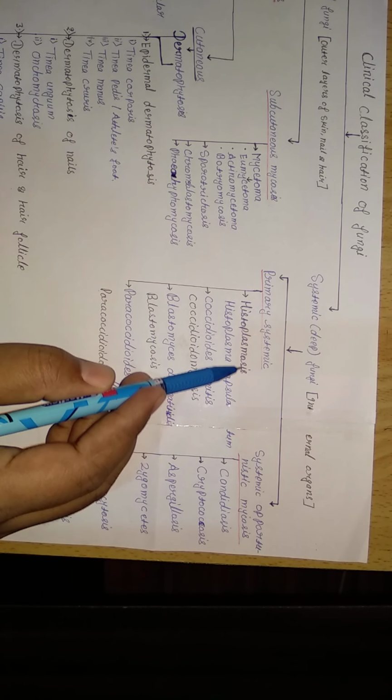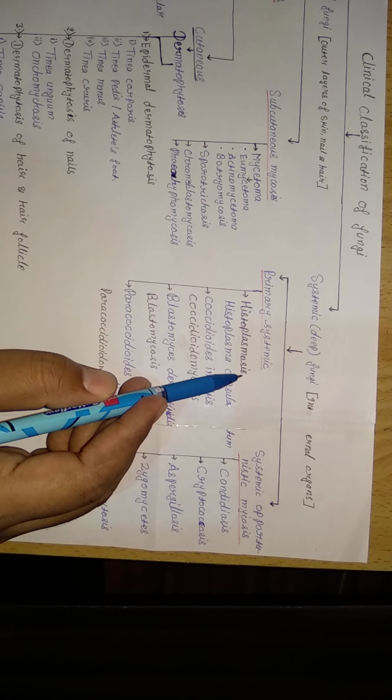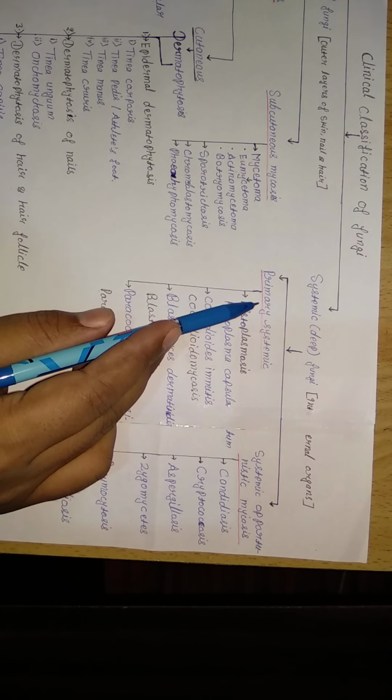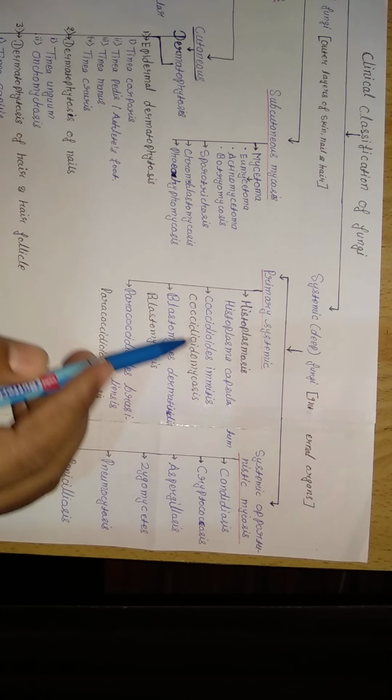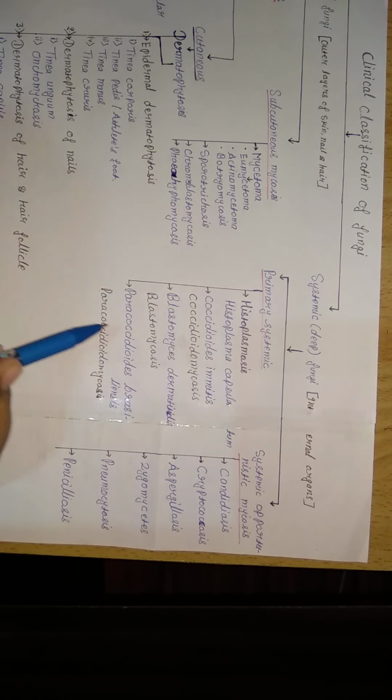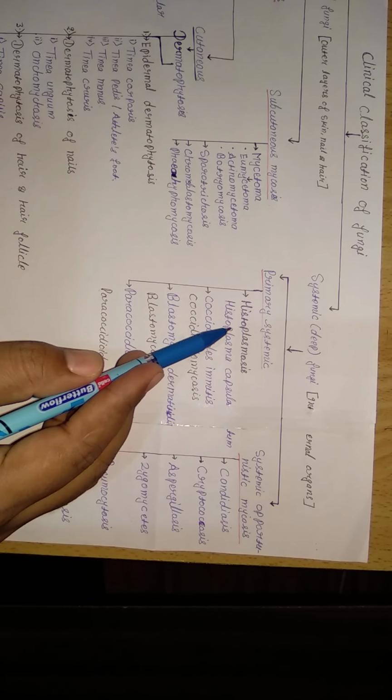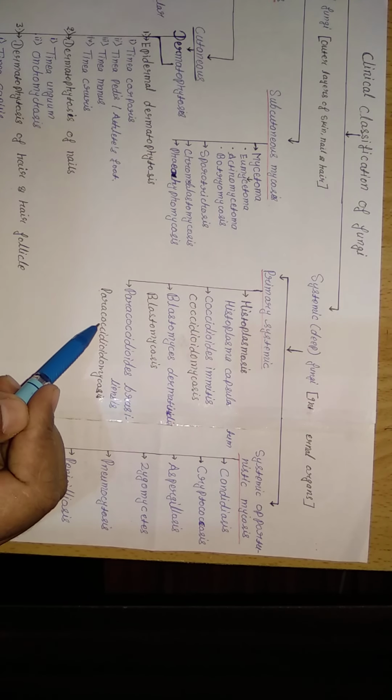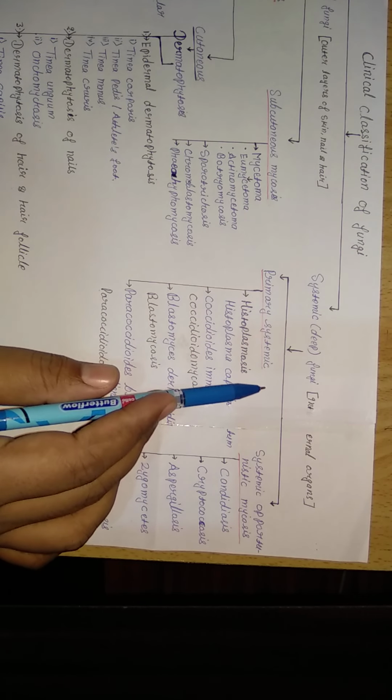The fungal infections which come under the primary systemic mycosis are histoplasmosis, coccidioidomycosis, blastomycosis, and paracoccidioidomycosis. These four are the fungal infections which come under the primary systemic mycosis.